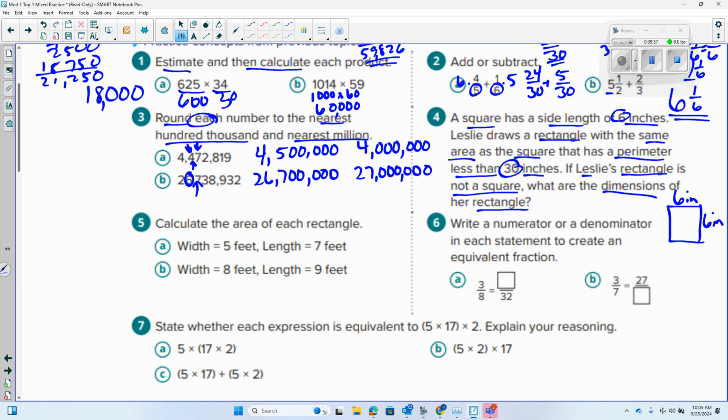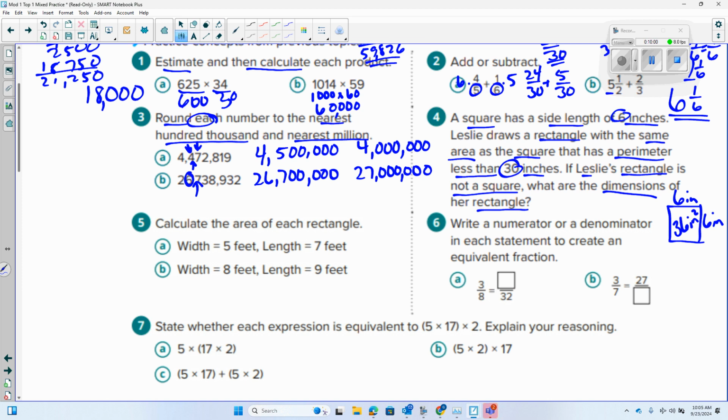And I know that's the way it is on a square. If her rectangle has a perimeter less than 30, it has the same area. How do we find the area of a square? Length times width. So my area is 36 square inches.